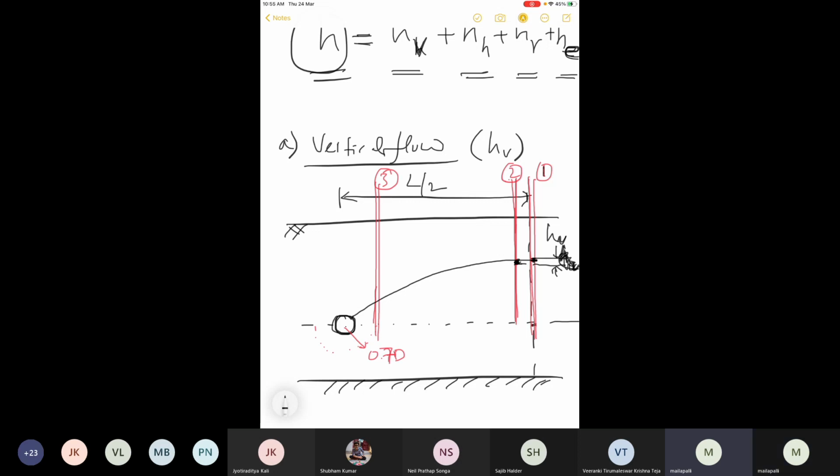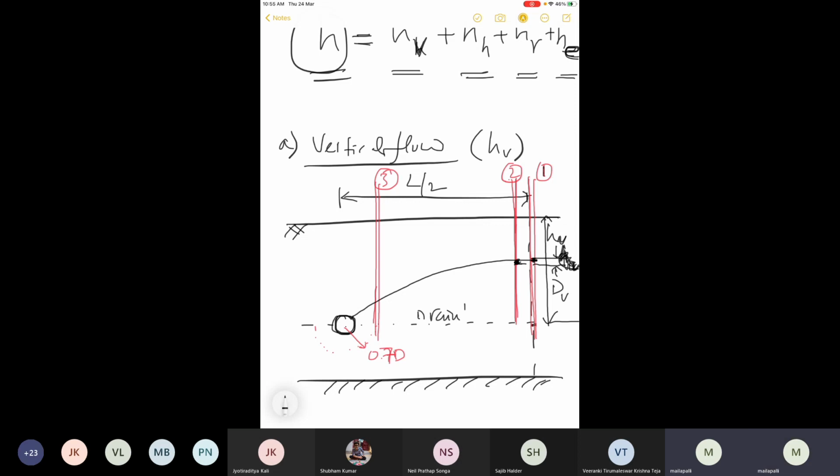If this is dV, let's say this distance from the drain base to the surface, dV is from the surface to the drain base.